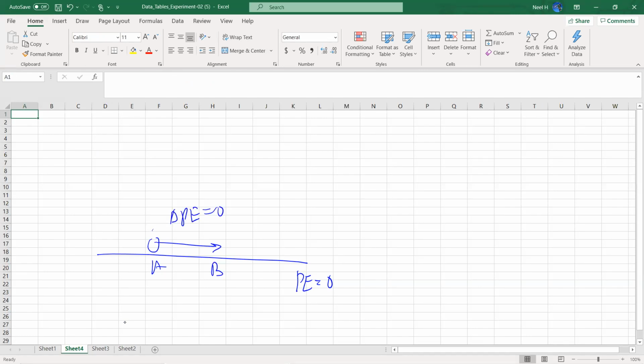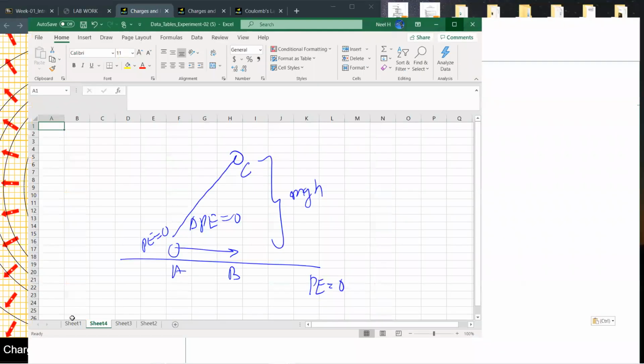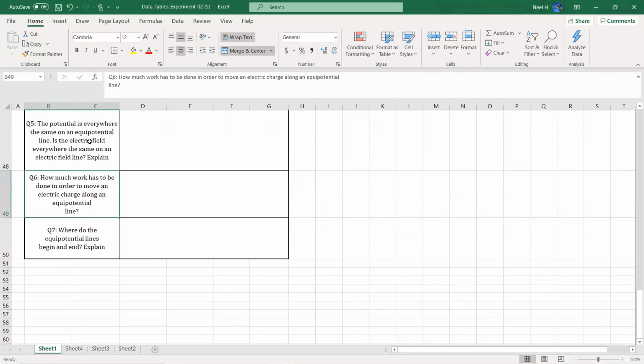But if you move the object to a different place C, then the potential energy at A is 0, but at C you have a potential energy mgh. Then you have to do work. It's the exact same concept here, but now we're talking about electric potential.